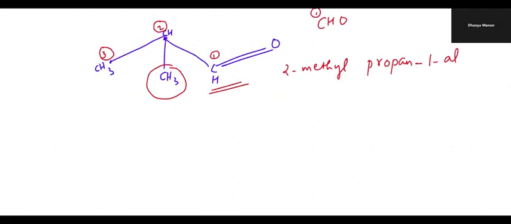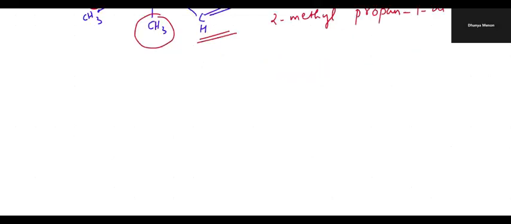Coming to the next structure, if I give a structure like this, so there will be a carbon atom here. Sometimes they don't show this carbon, they just show like this. So you must understand that it is the CO group. Okay, so 1, 2, 3. Okay, CH.